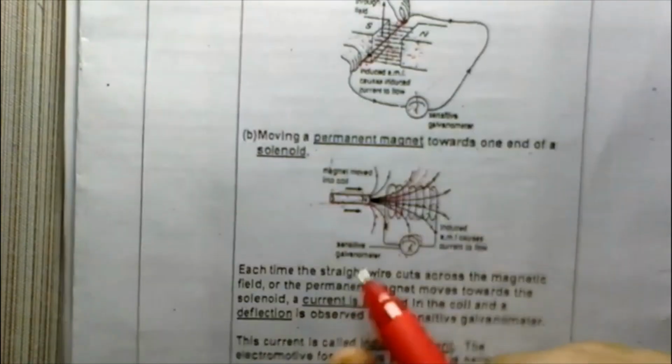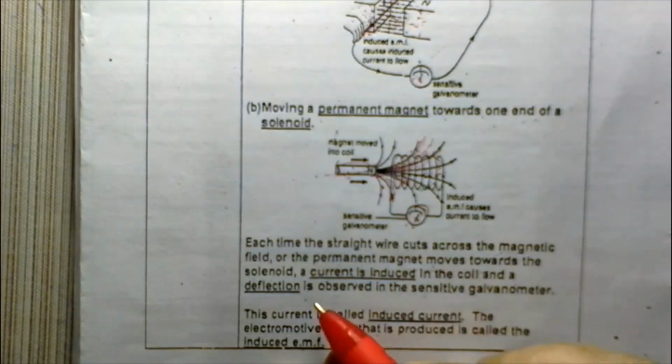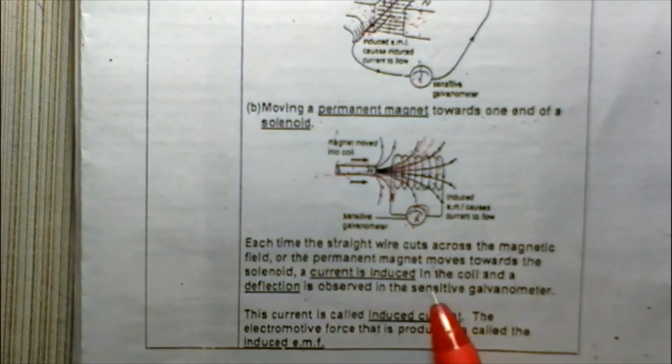So each time the straight wire cuts across the magnetic field, or the permanent magnet moves towards the solenoid, a current is induced in the coil and deflection is observed in the sensitive galvanometer. This current is called induced current. The electromotive force that is produced is called induced EMF.